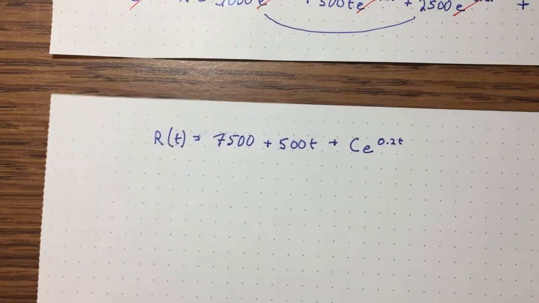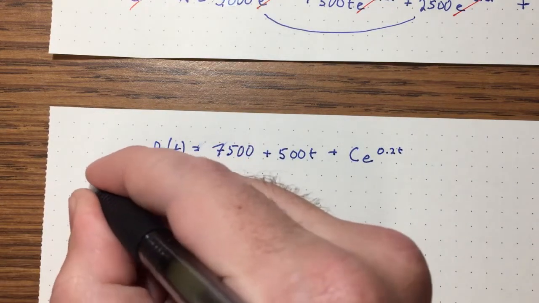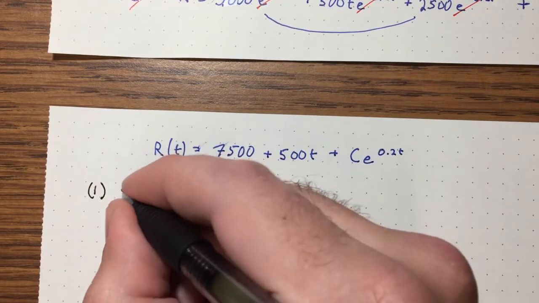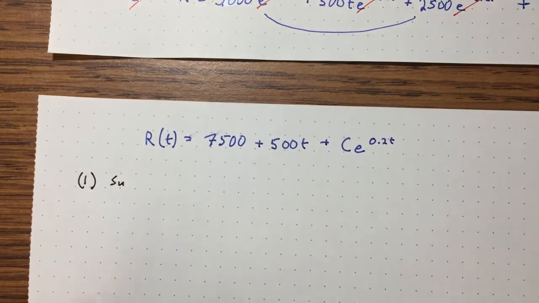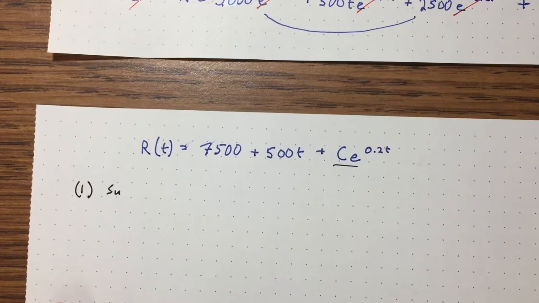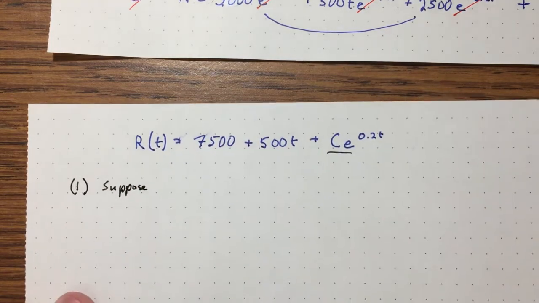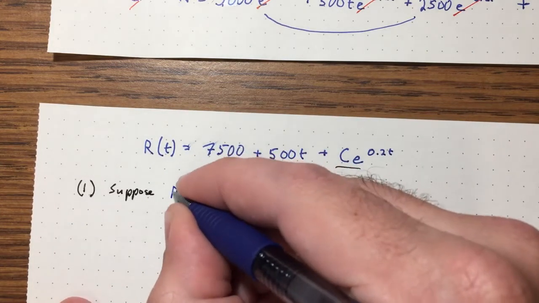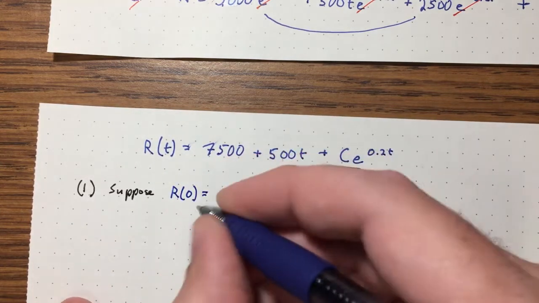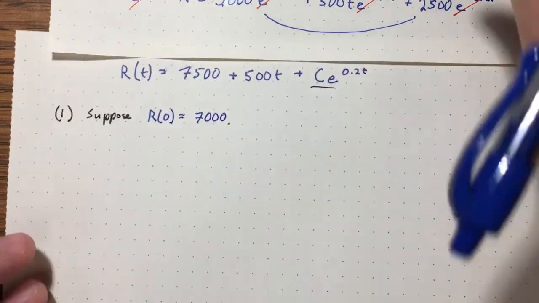So we'll do 3 cases, just to see the behavior of these solutions, because this is a general solution so far. So let's suppose r of 0 is 7,000, as it said in the problem.